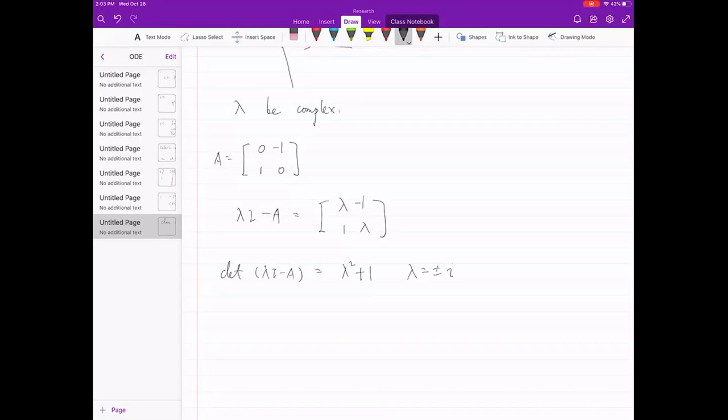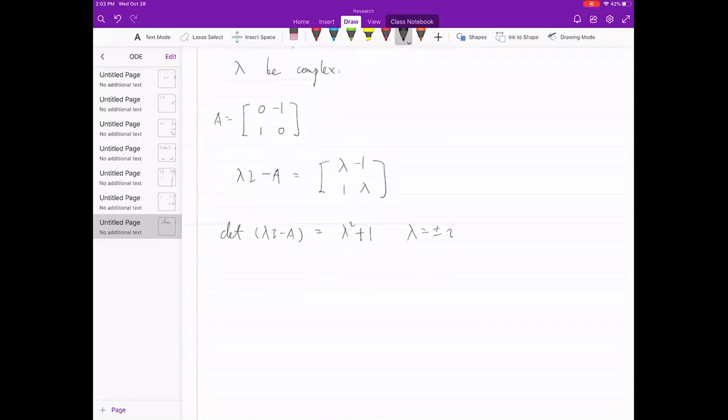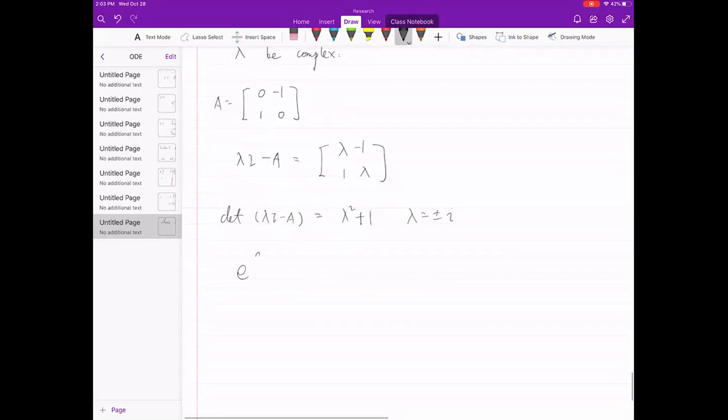Okay. Then it goes all the way back to what do you mean by e to the a plus bi? I think we had this discussion before. That's going to be e to the at times cosine bt plus i sine bt.